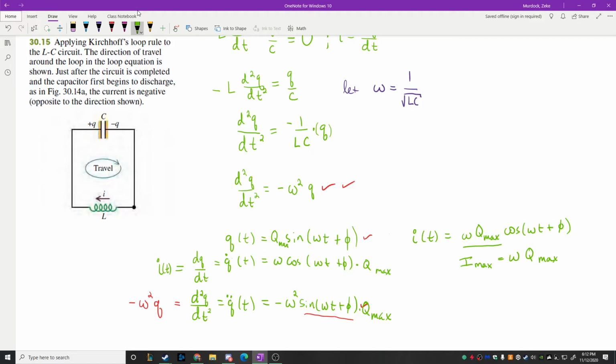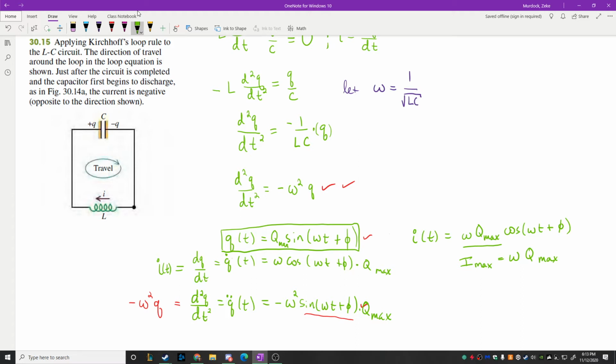So what's happening here, if we physically look at the circuit, is that if we plot what the charge as a function of time looks like in the circuit, then it looks like a sine function, and maybe it's shifted by some phase. The phase that it's shifted by is going to depend on how the system begins.